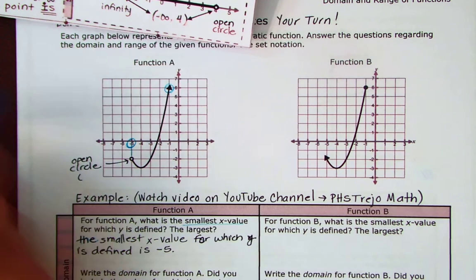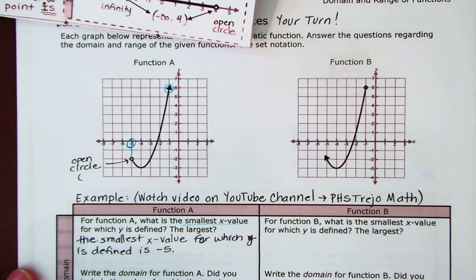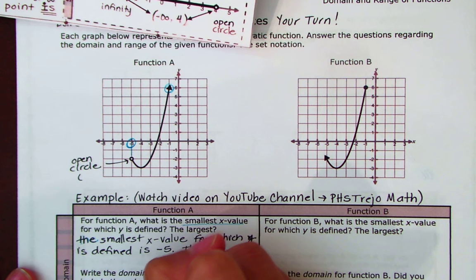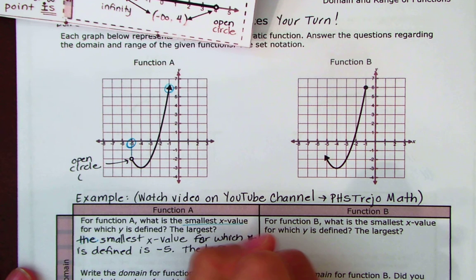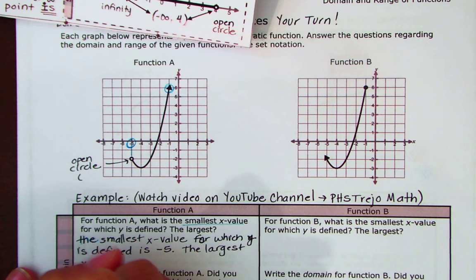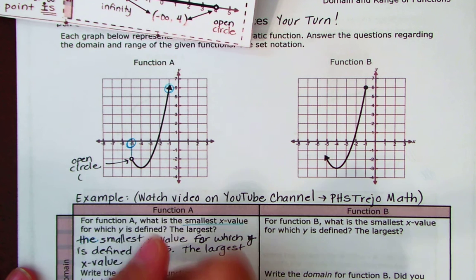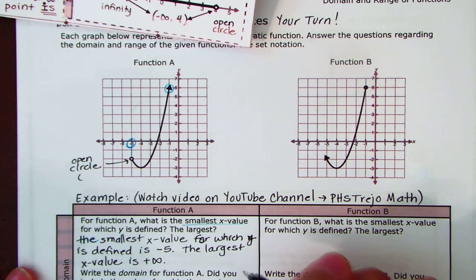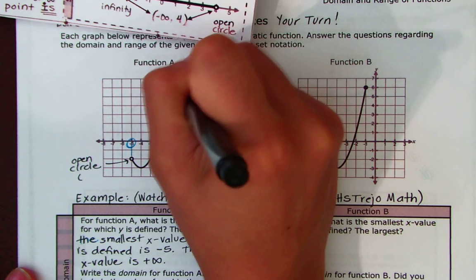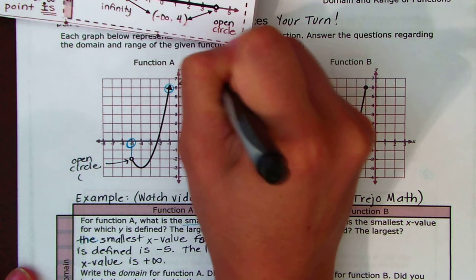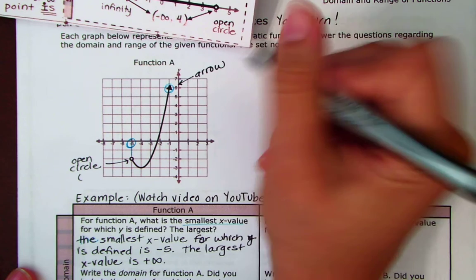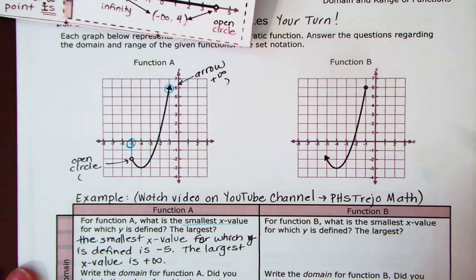So an arrow means it's going towards positive infinity. So the largest x value is positive infinity. This contains an arrow. So anytime there's an arrow, that implies infinity, which also means parentheses.